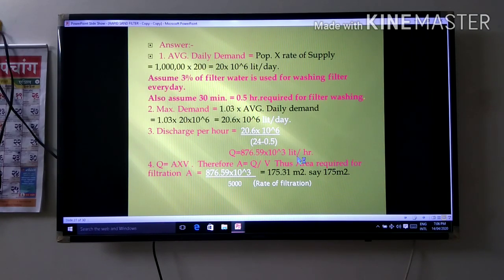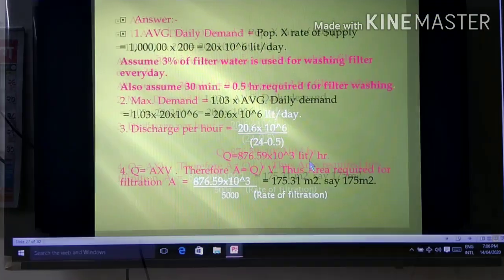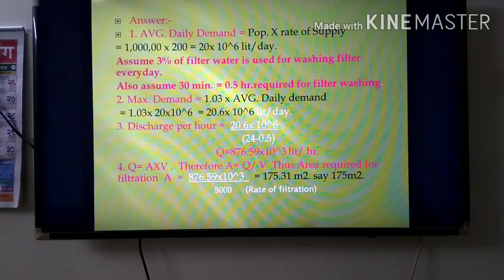Step 4. Q is equal to A into V. Therefore, A is equal to Q by V. That means you have to find out the area. Thus, area is equal to 876.59 into 10 raised to 3 liter per hour divided by 5000, the rate of filtration, which is already given to you. Now, area is equal to 175 meters square.